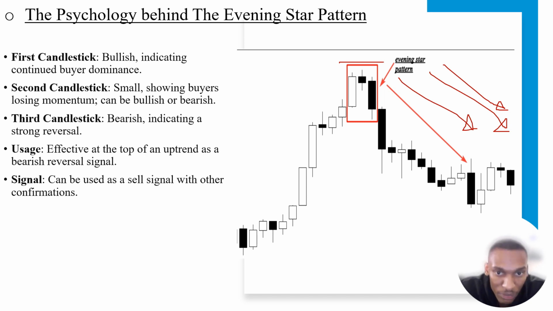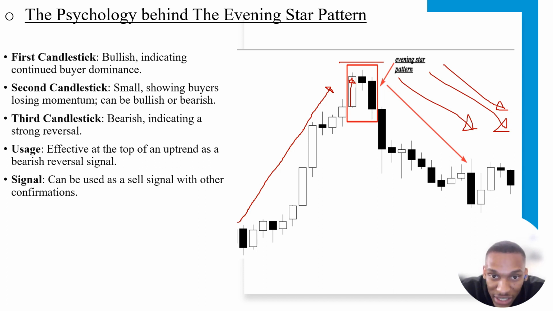Why is that so? If you look here, guys, on your left, the overall momentum is bullish, meaning buyers are in control. And then let's look at these 3 candlesticks inside the pattern. Just like always, the first one has to be bullish. This is just a continuation of the upward movement, meaning buyers are in control.